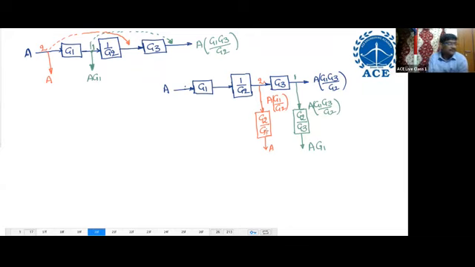Next. Sixth one. Adjusting block gain and summing point. BG means block gain and summing point.